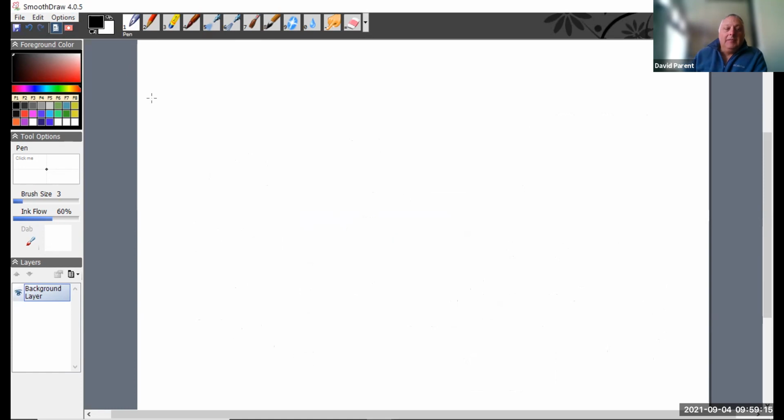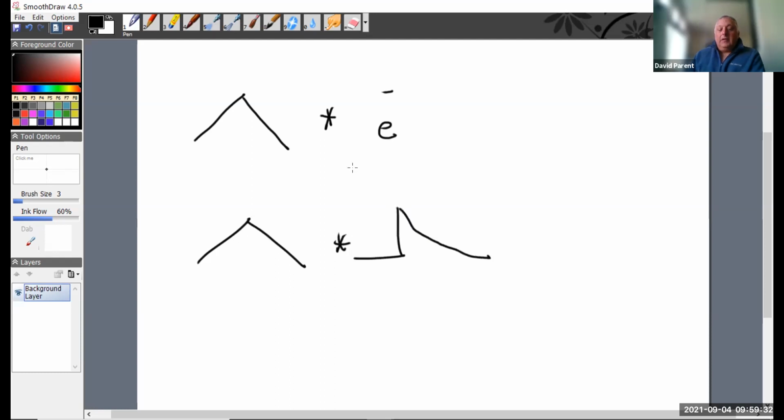Something I want to say is that the book does an example of this shape convolved with this shape.